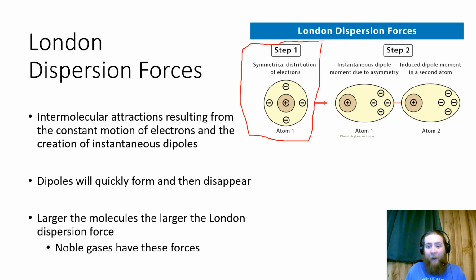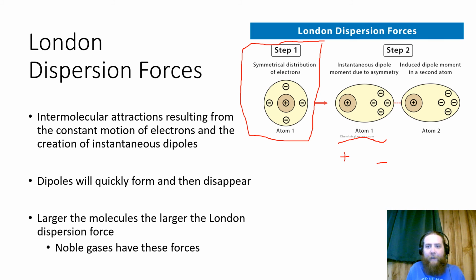Unfortunately, that is very rarely the case, or it happens very quickly, and then very quickly doesn't happen. But what will happen sometimes is all of these electrons will end up on one end of the atom. And we have this temporary, very small negative and positive ends now, these dipoles. But unlike our polar molecules where these exist long term, these ones are very fleeting.